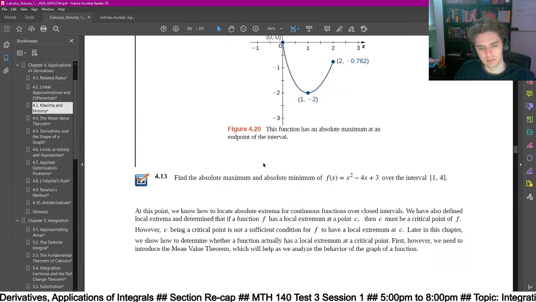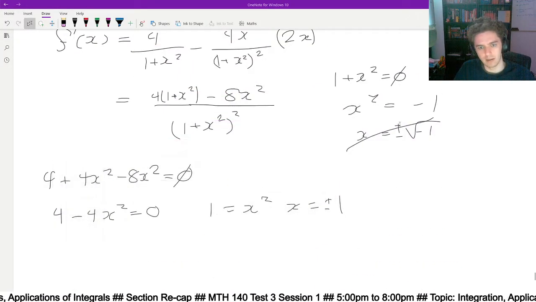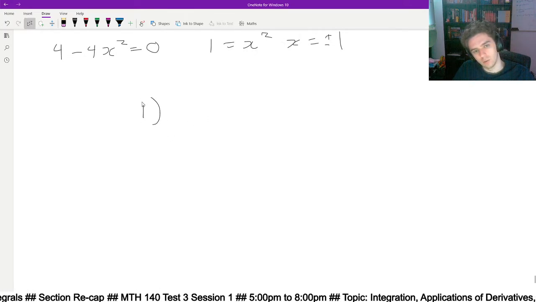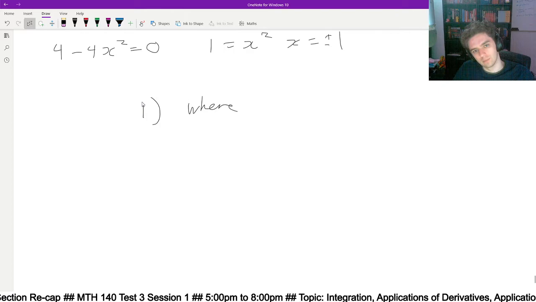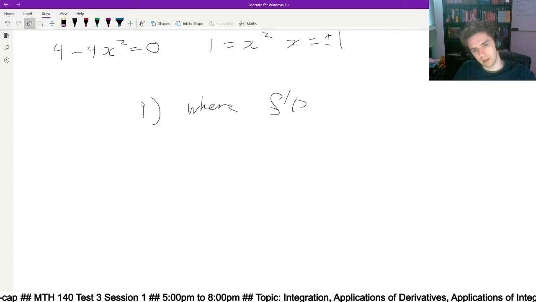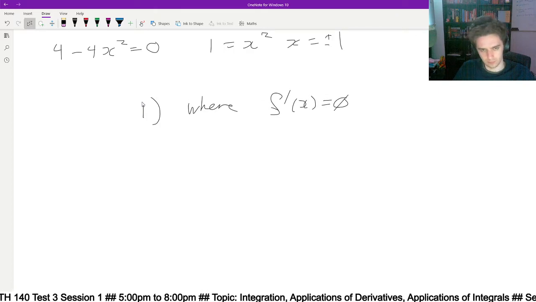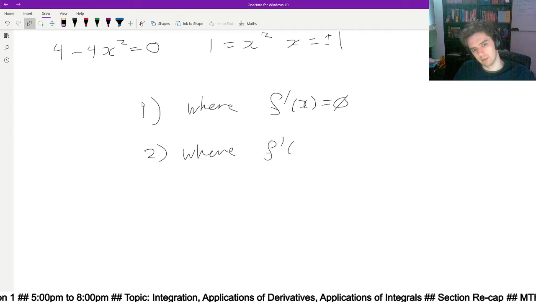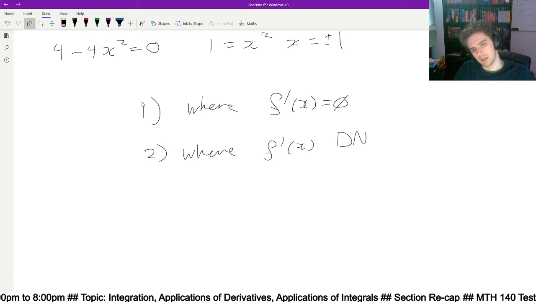There are harder ones, so just to keep in mind, everything you should check for critical points is: 1, where f prime of x equals 0. 2, where f prime of x does not exist.